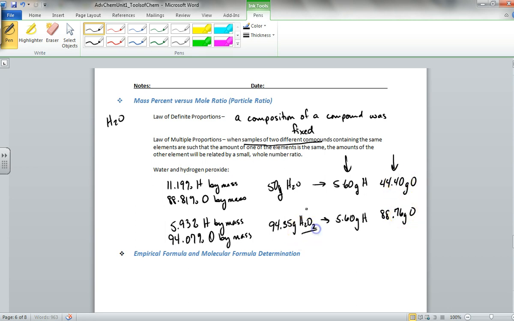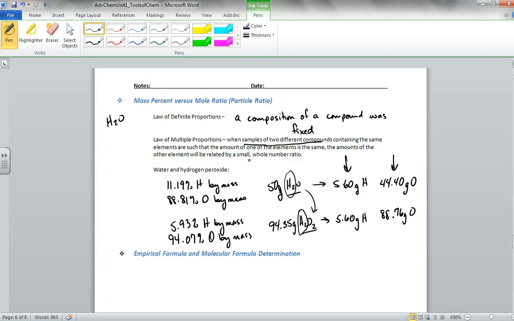It doesn't surprise us because now that we know the formula, we see that if you have the same amount of hydrogen, the one compound has twice as much oxygen. So the law of multiple proportions states that if you have two different compounds with the same amount of one of the elements, the other element must be related by some small whole number ratio.